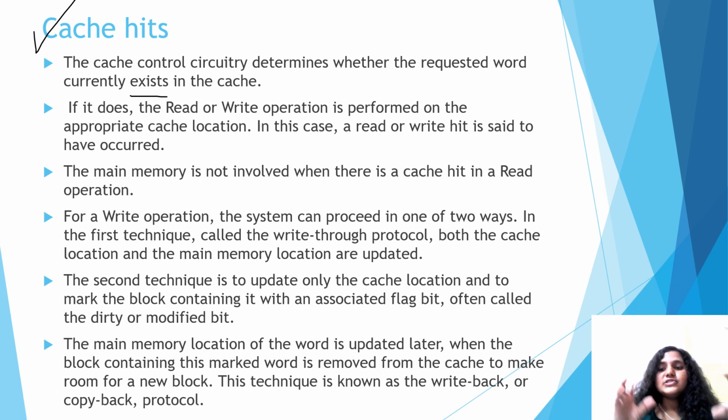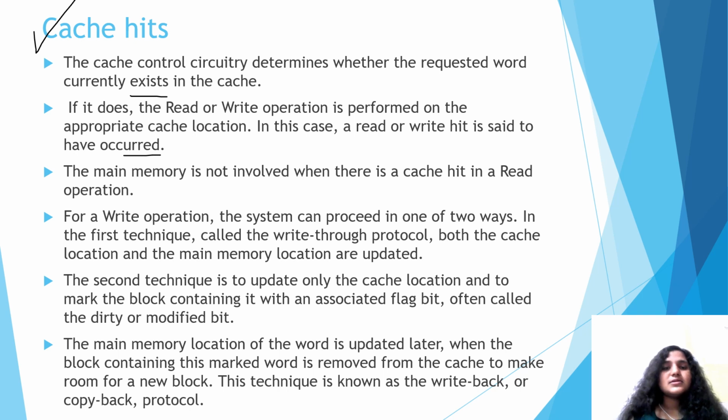So this is a control which checks whether the word is actually present in the cache or not. If it does, the read or write operation is performed on the appropriate cache location. In this case, a read or write hit is said to have occurred. So this is when the data we are searching for is actually present in the cache. At that moment, this process happens.